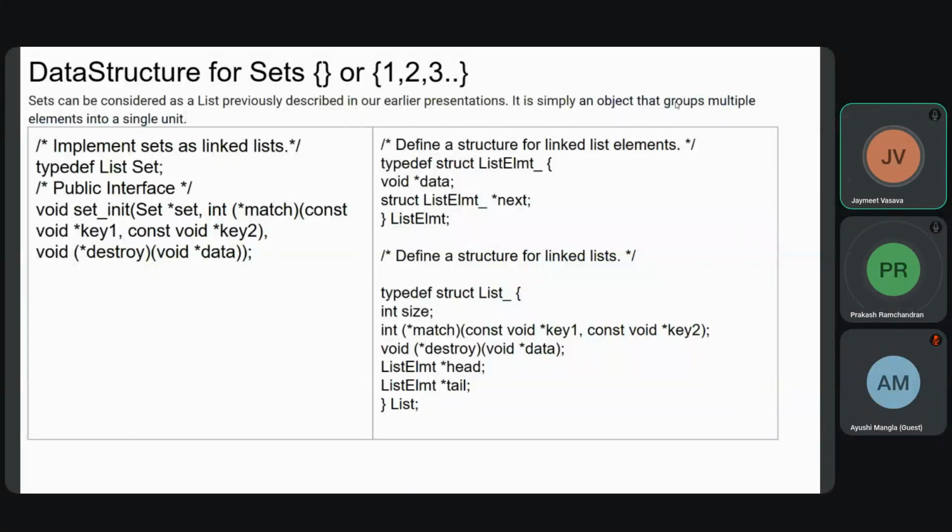This is done for different reasons, like if you want to see whether two elements are equal for insertion, removal, traversal, etc. Then the destroy function is for the deallocation of the memory that we'll be using.